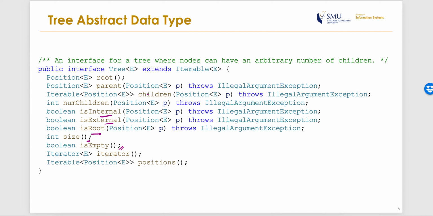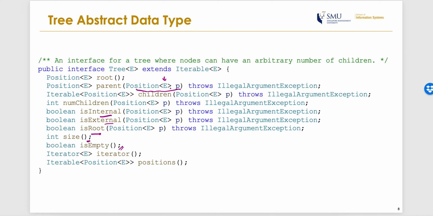And there is a notion of parent and children. In this case, the parent of a particular node, and what are the children of that node. Now, the notion of a particular node here, for now, we're going to mark it as an object called position. The position here is described by an element. This is like a generic implementation.